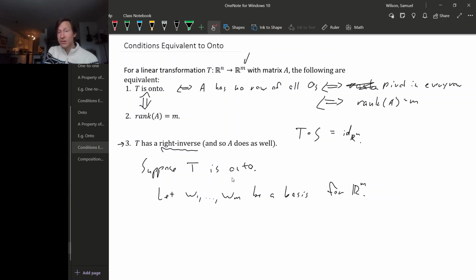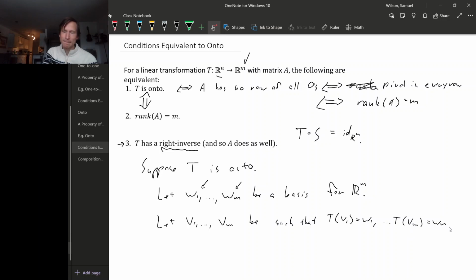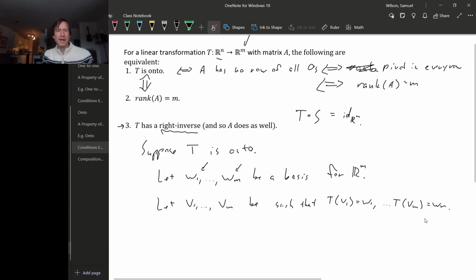Now, because T is onto, each of these W's gets hit by something coming from Rn. So let's let V1 up through Vm be such that T of V1 is W1, and T all the way up to T of Vm is Wm. All right.